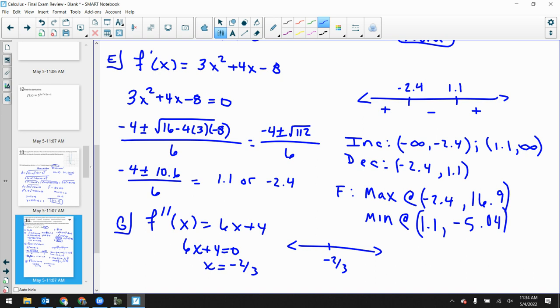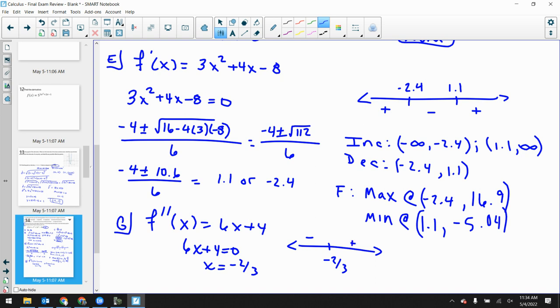If I run a negative number through that, like negative 1, because it's less than negative 2/3: 6 times negative 1 is negative 6, plus 4 is negative 2. But it doesn't matter, it's negative. If I plug in anything above negative 2/3, say 1, 6 plus 4 would be positive 10.